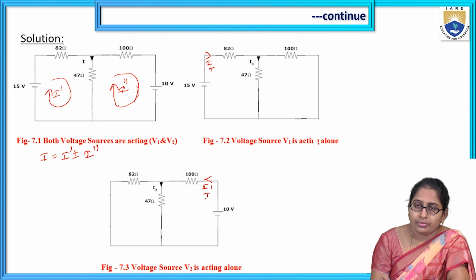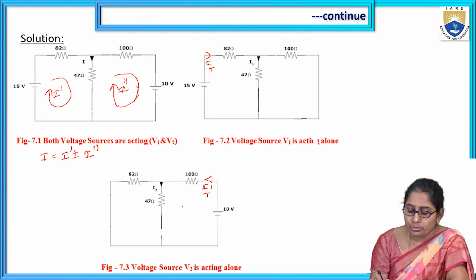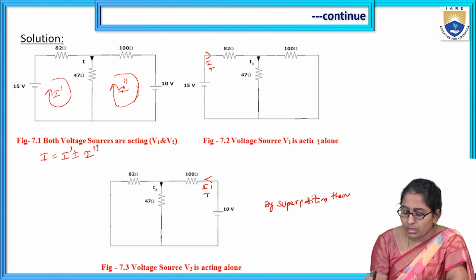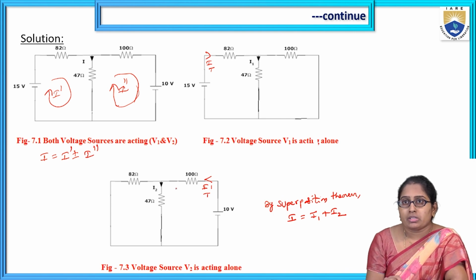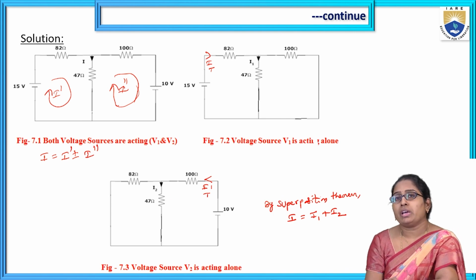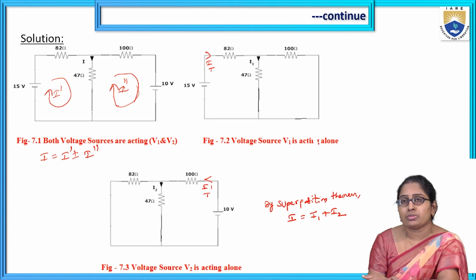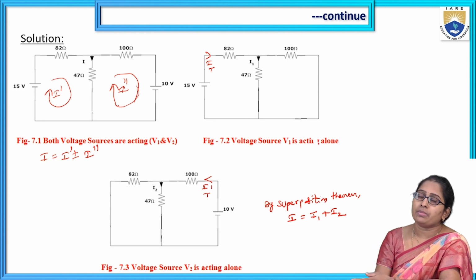Now after getting I1 and I2, by the superposition theorem we see that I is equal to I1 plus I2. The sum of these two, when individual sources are in operation, the two currents with respect to the two voltage sources, gives the two responses I1 and I2.